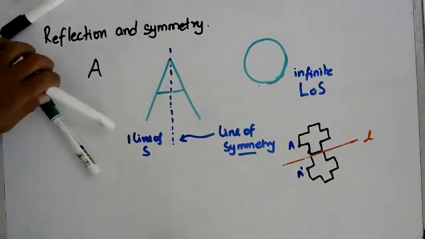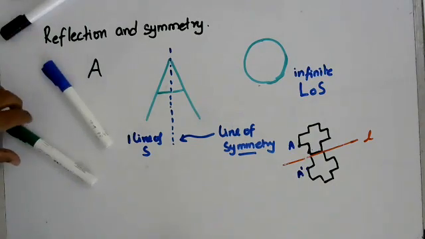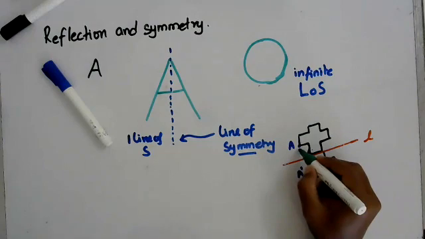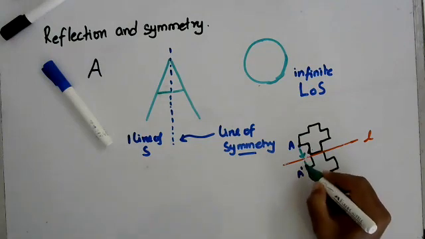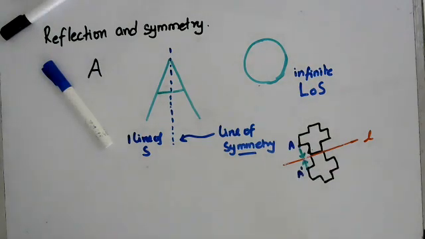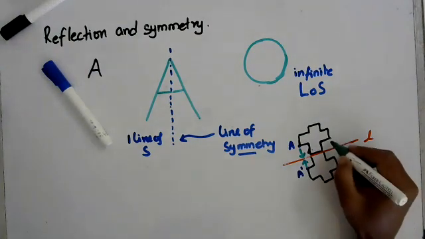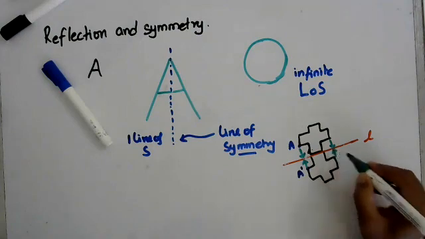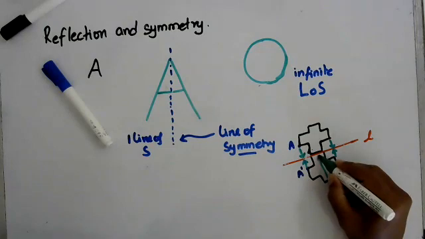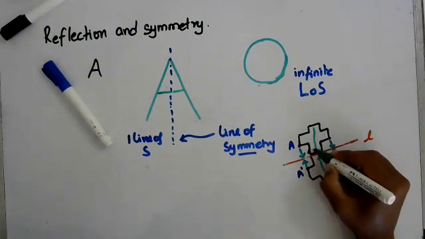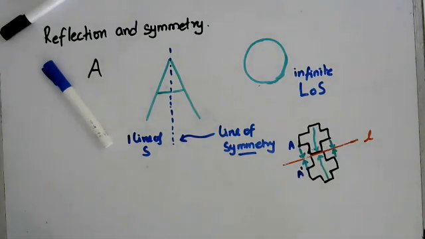Now, what is interesting is that the perpendicular distance of A to the mirror and the perpendicular distance of A dashed to the mirror is exactly the same. In fact, you can do the same for all points. This point's distance and this point's distance will be equal. This line's distance from here and this line's distance from here will always be equal.